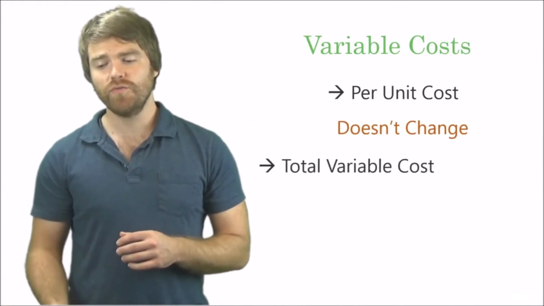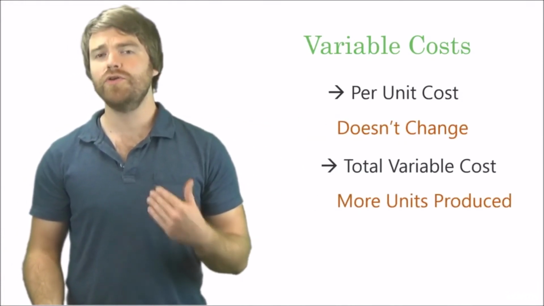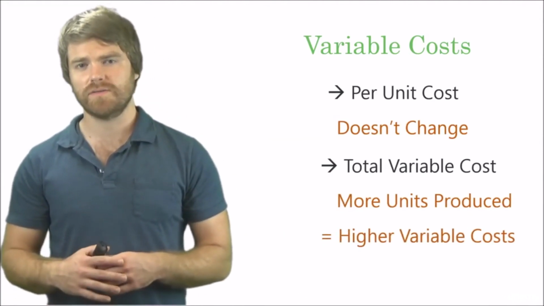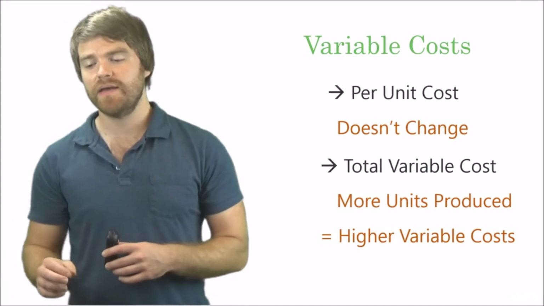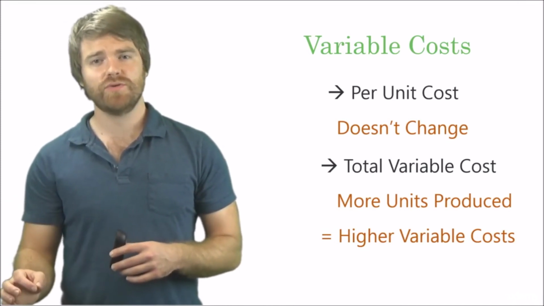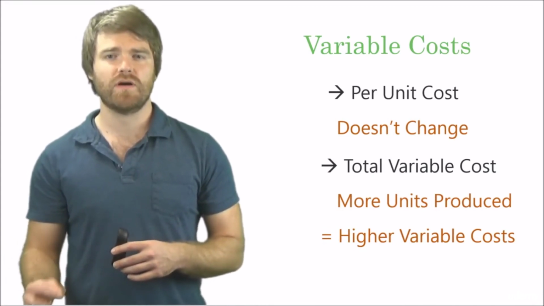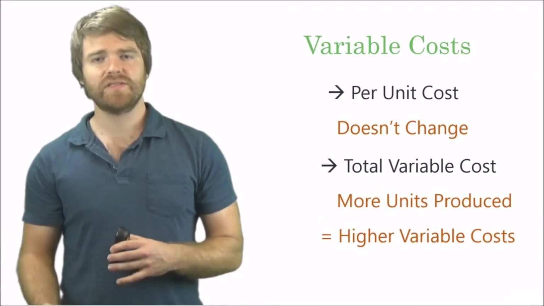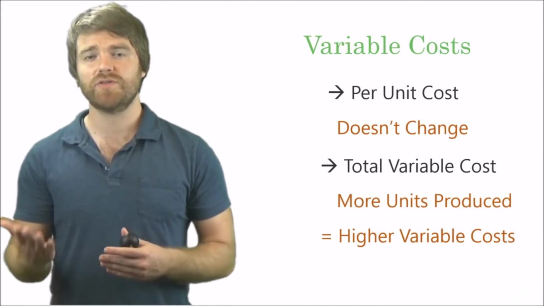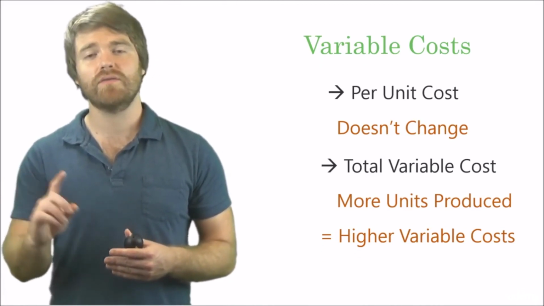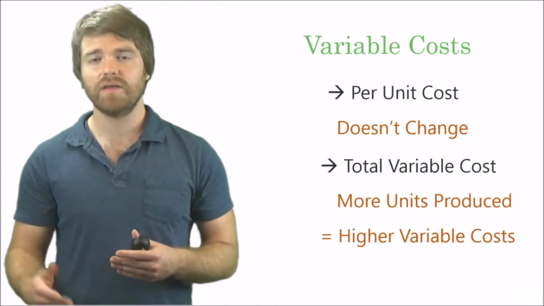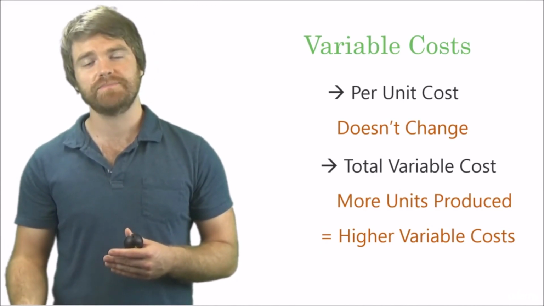But your total variable cost, the more units you produce, the higher your variable costs. Hopefully you see that. And the same actually applies to the reverse. The less units you produce, the less your total variable costs. Hopefully you get the difference there between total and per unit. Per unit doesn't change, but the total costs will go up the more cars you produce. Total costs will go down the less cars you produce.